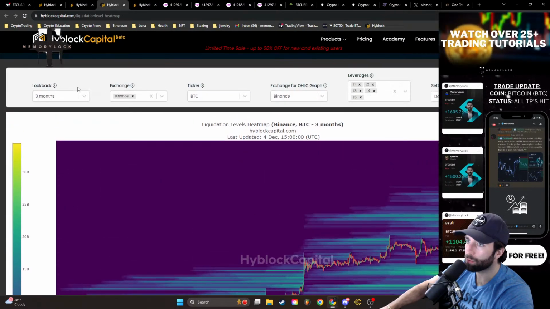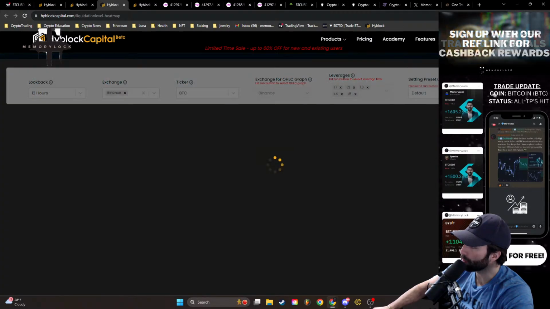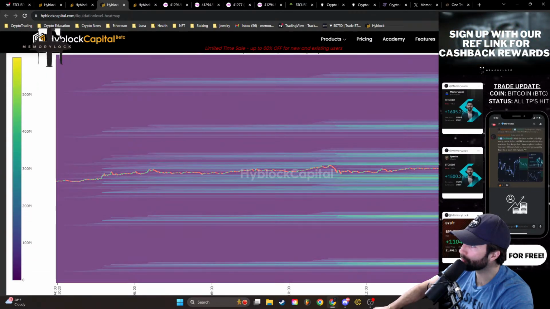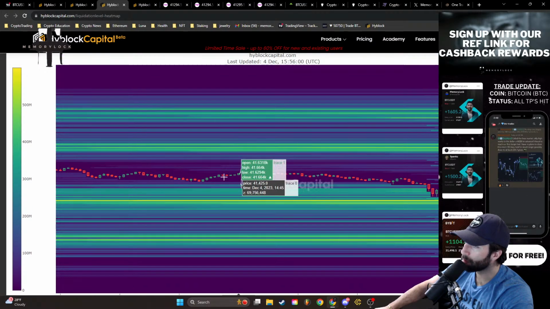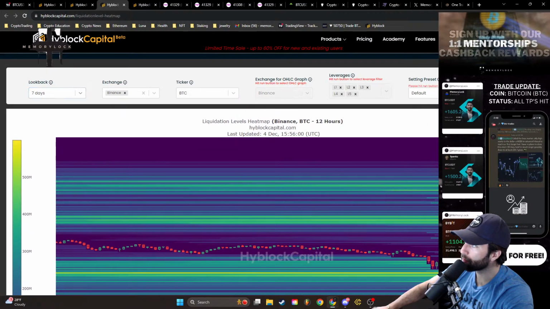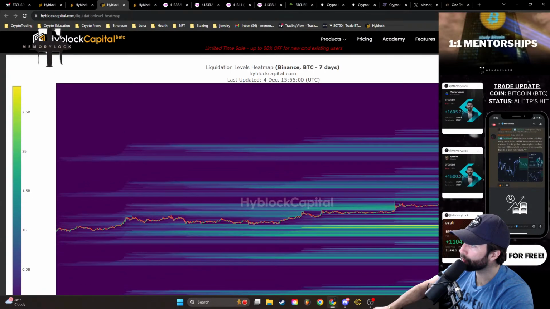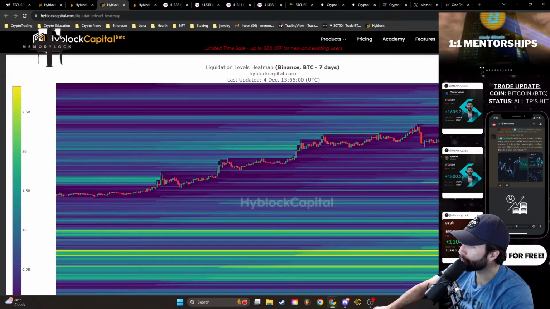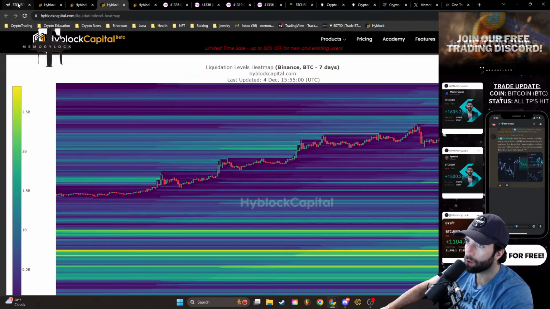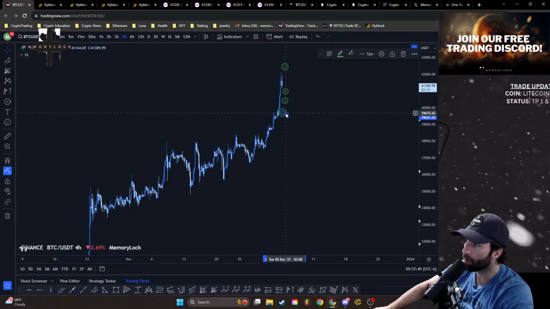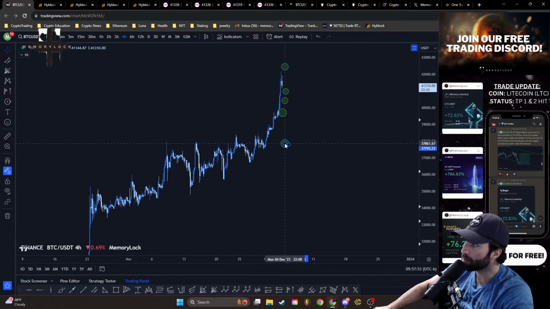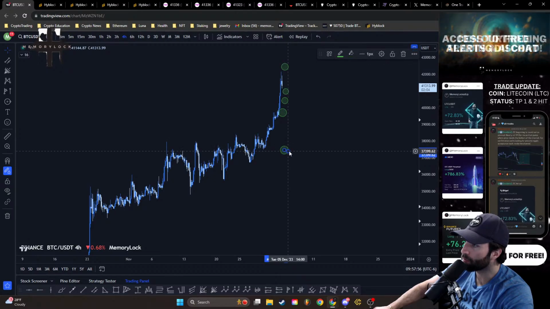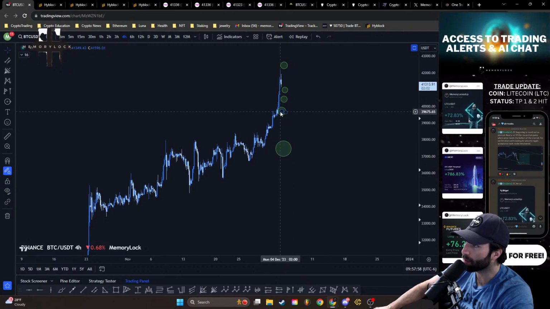Let's look at this heat map really quick. 12 hours. Hotspot is that 41. And the 37,400 zone. 37,400, this is a key one.